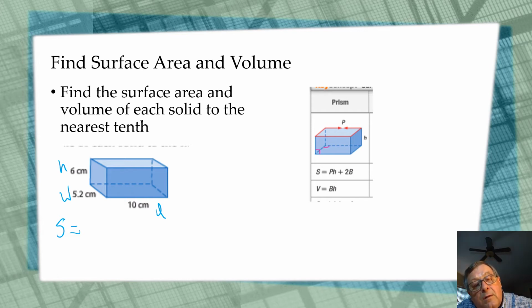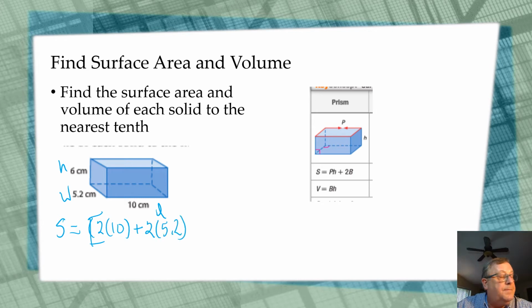So I'm going to set that up. I got 2 times the length, and I probably should put a bracket here, plus 2 times the width, 5.2. And that is all going to be times the height, which is 6.